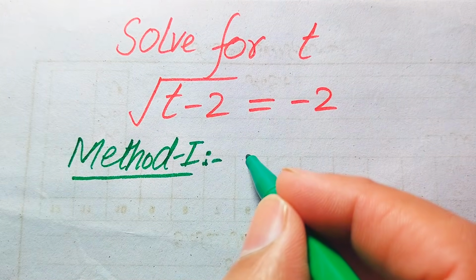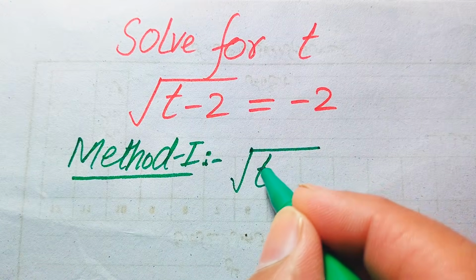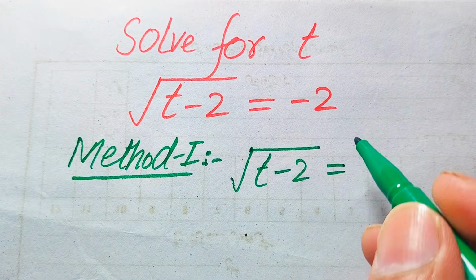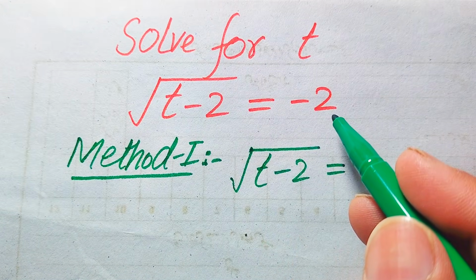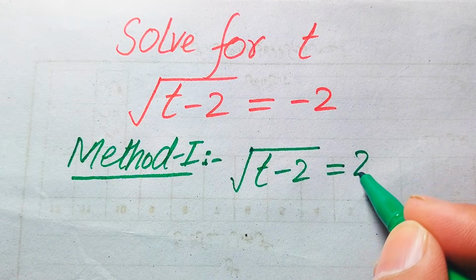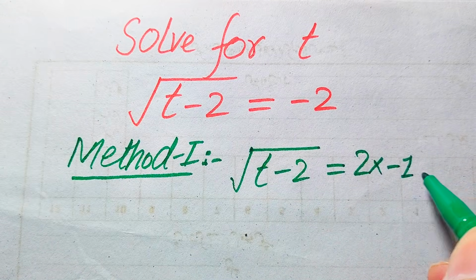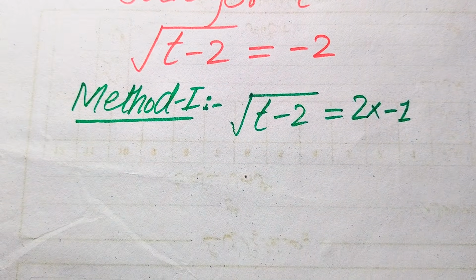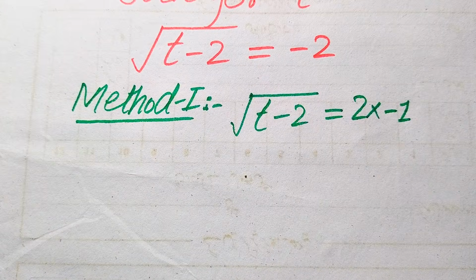So here first we rewrite this equation as the square root of t minus 2 is equal to minus 2, and we write this minus 2 as 2 multiplied by minus 1. And here we use Euler's identity to solve this problem.